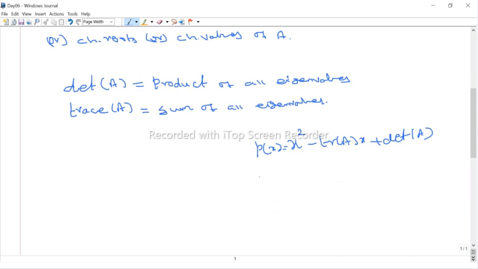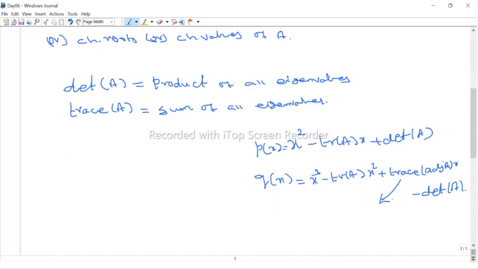The characteristic polynomial of any 3 by 3 matrix is of the form x cube minus trace of A x square plus trace of the adjoint of A into x minus determinant of the matrix.